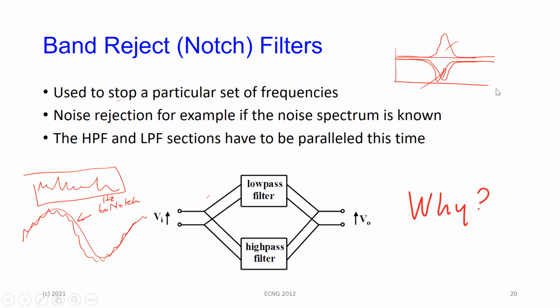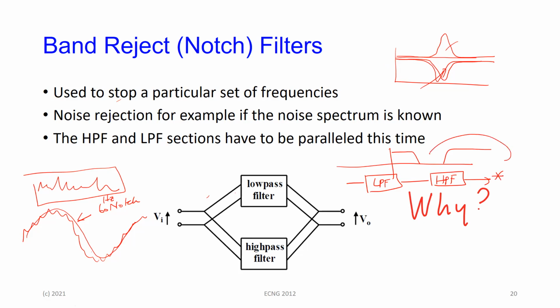Now, why is that? Why can't I simply have a low pass and a high pass, LPF then HPF, and get this sort of behavior? Anybody?